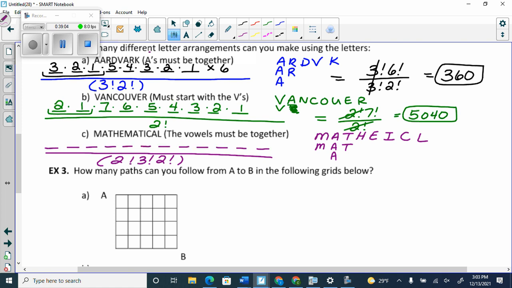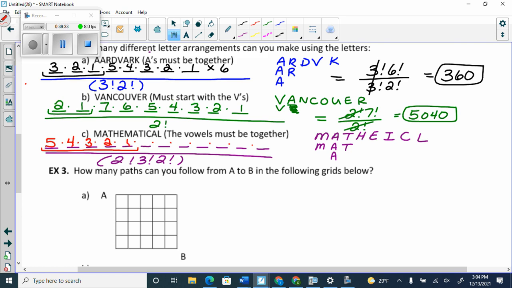How many vowels are in mathematical? 5. And I treat them like they're different. So how many Scrabble tiles do I have for this one? 5. And then 4, and then I leave a Scrabble tile. 3, then I leave a Scrabble tile. 2, then 1.